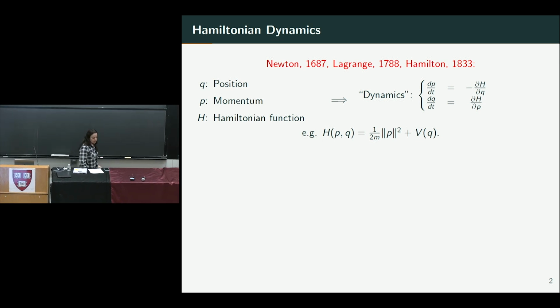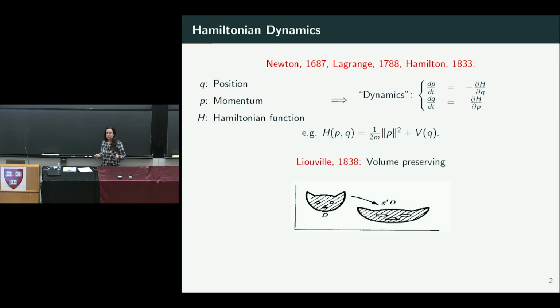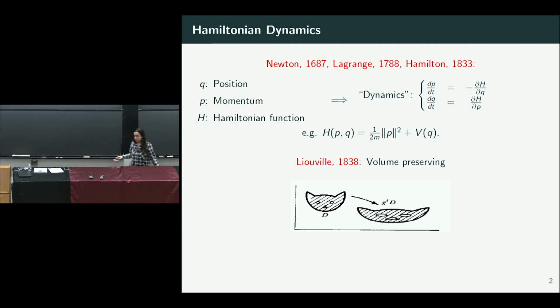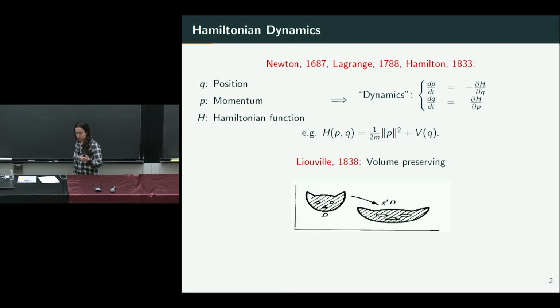For example, if we take the Hamiltonian to be the kinetic energy plus some potential energy, we will recover this way Newton's second law. A feature of this system is that it's volume preserving, meaning that the Hamiltonian flow we get this way would actually be an area measure preserving map.